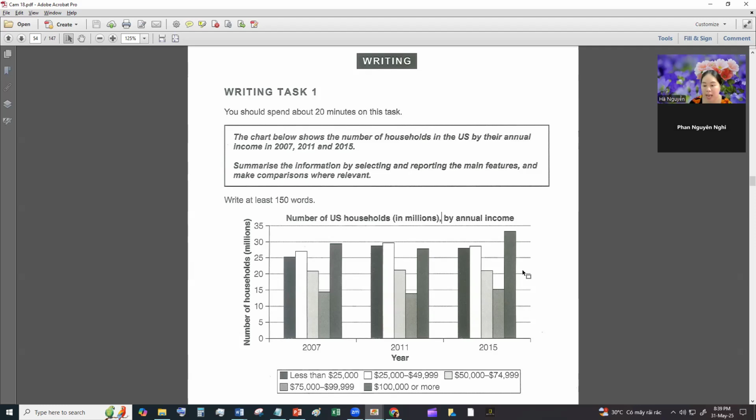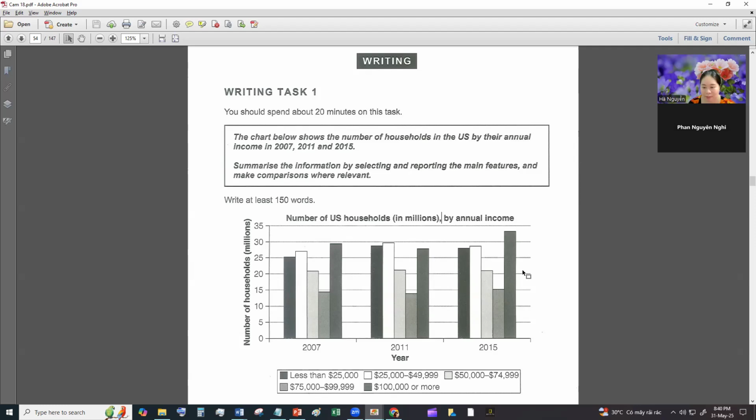Yes, $49,999. The third one is $50,000 to $74,999. And the fourth one, $75,000 to $99,999. And the final one, $100,000 and more. Good job, well done. So a lot of numbers there, right?